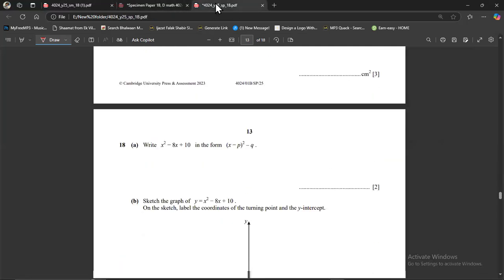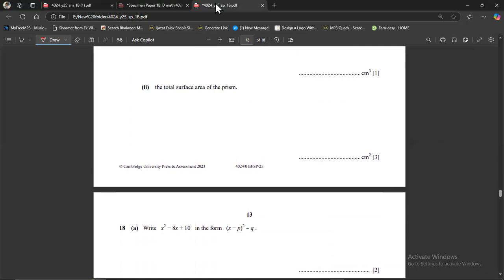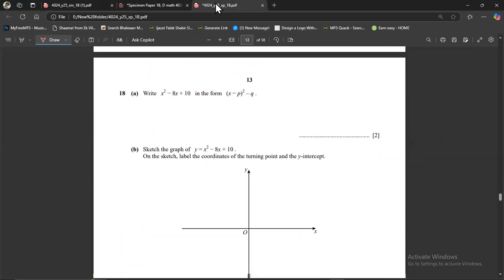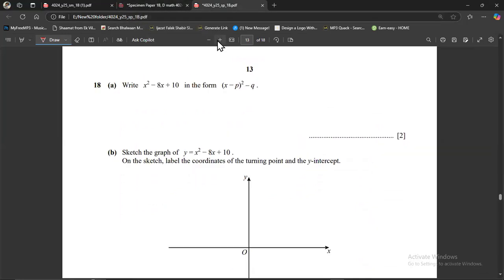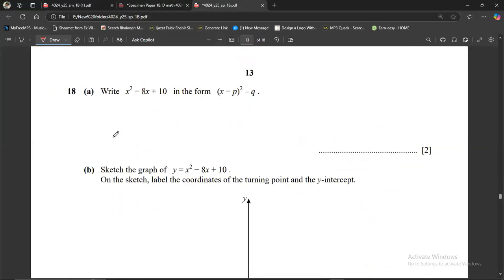Okay, so we are going to question number 18 and its first part. It says, write x square minus 8x plus 10 in the form of x minus p whole square minus q. So basically, how you get this shape from the quadratic expression, we call it completing the square.